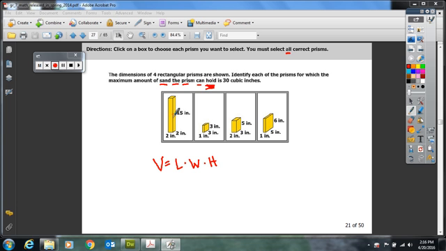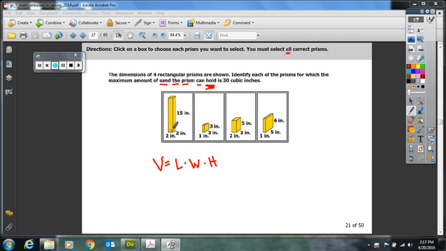And we want to find which of these prisms can hold exactly 30 cubic inches of sand. All right? Actually, not exactly, but which ones can hold 30 cubic inches. If they can hold more than 30 cubic inches, that's fine too.